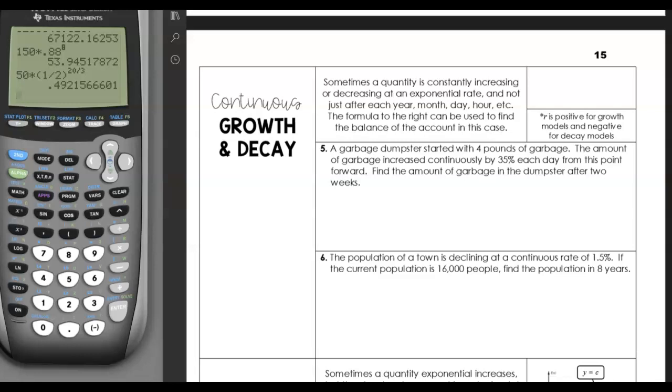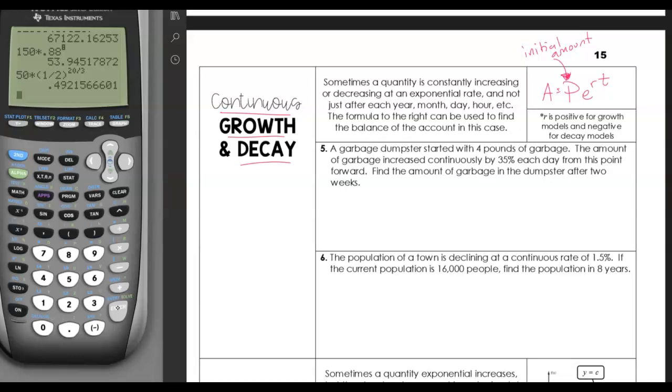Yes, PERT, exactly. We use the exact same formula here when we're continuously growing or decaying. The principal or the initial, remember this P just means initial amount. It doesn't have to be money, it's just the initial amount. Times E, which is not a variable, that's Euler's number, raised to the power of R times T.